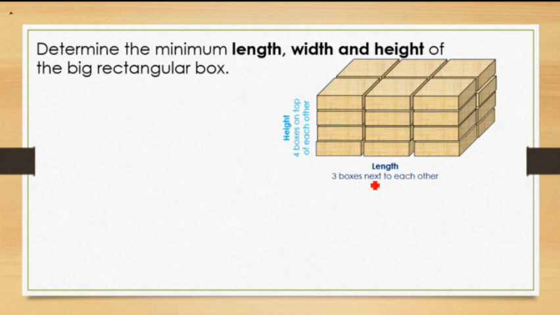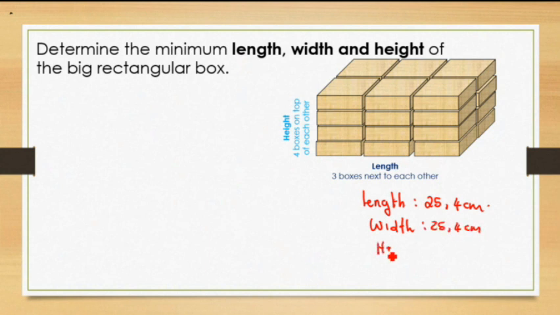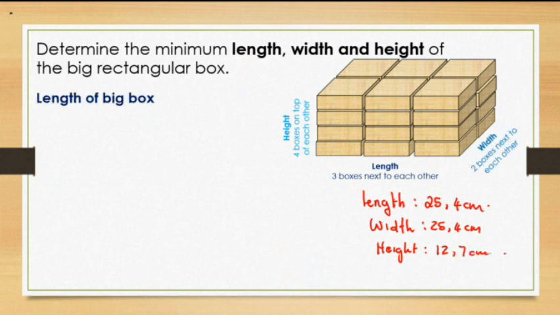If we go back, the length we had of each box in centimeters was 25.4 centimeters, and the width was also exactly the same, 25.4 centimeters. Then the height was 12.7 centimeters.